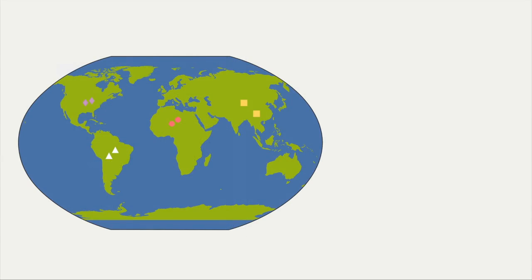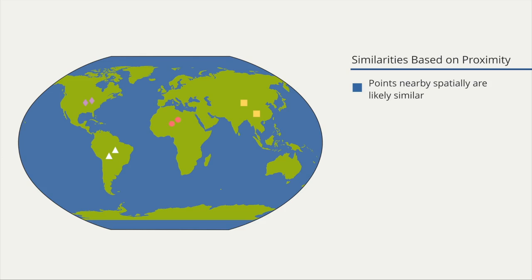What I'm showing on this map are several different symbols, squares, triangles, etc. The thing that I want to communicate through those symbols is the idea that if 2 points on the globe or on this map are physically nearby each other, we would expect that the characteristics of the associated regions are similar.